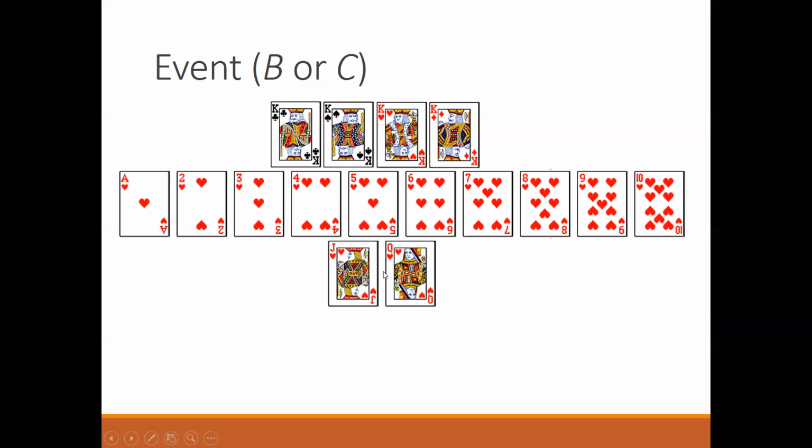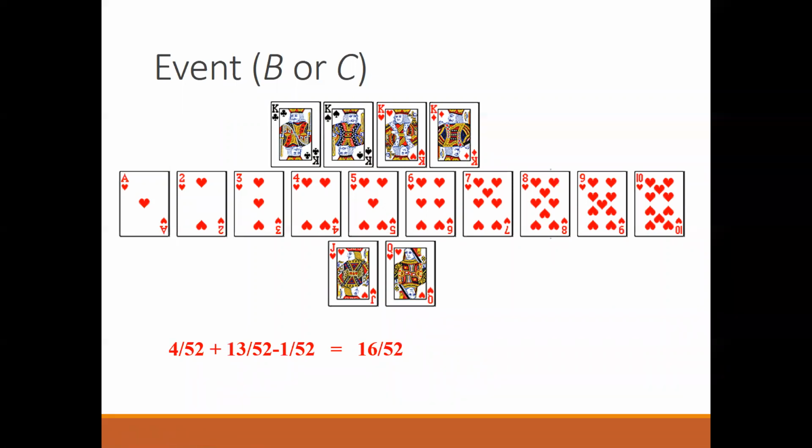For this, the formula will give you 4 by 52 for the kings, plus 13 by 52, minus 1 by 52. The 1 by 52 represents your king of hearts. And finally, the answer will be 16 by 52. If you want, you can go ahead and reduce this further.